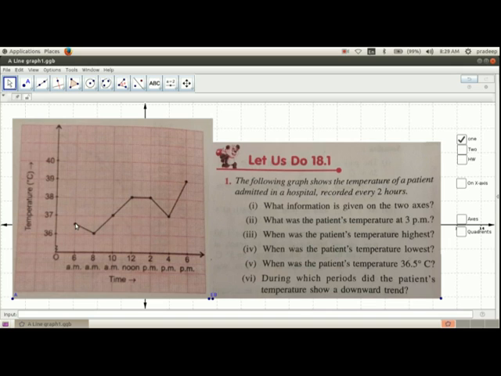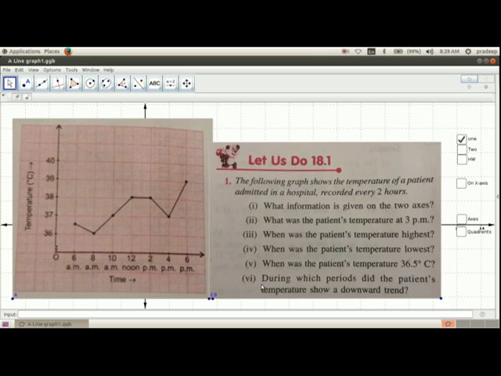At 6 a.m. the temperature was 36.5, and at 9 a.m. the temperature of the patient was 36.5.